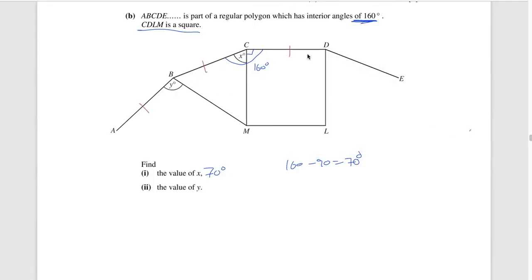Because these are sides of a regular polygon, so all these four are equal. And then it is given that CDLM is a square. So if CDLM is a square, these four must also be equal. So having them marked, BC and CM are equal.